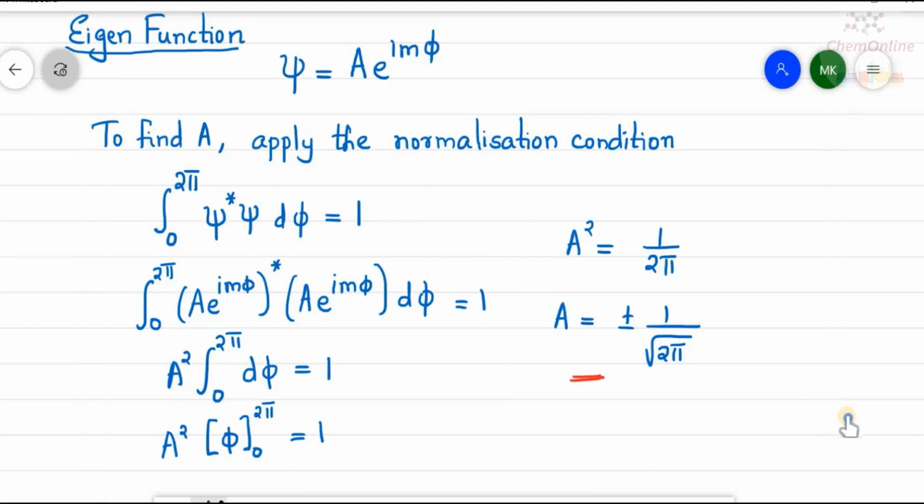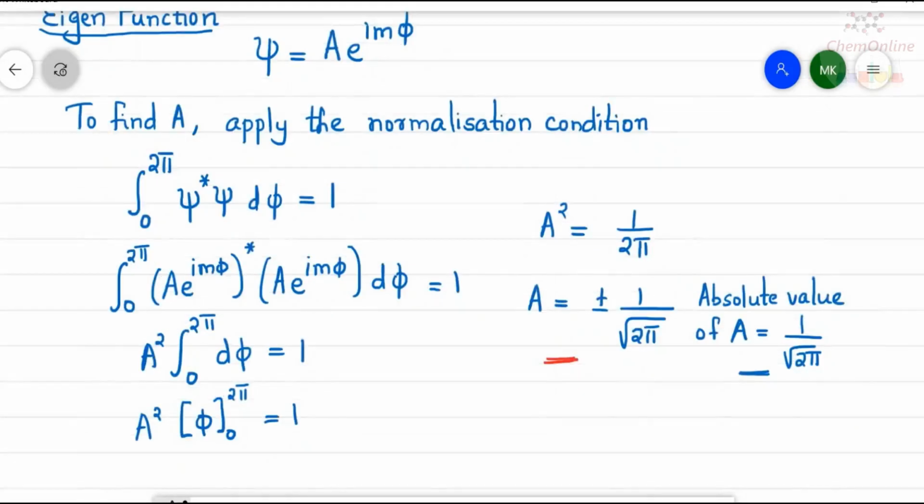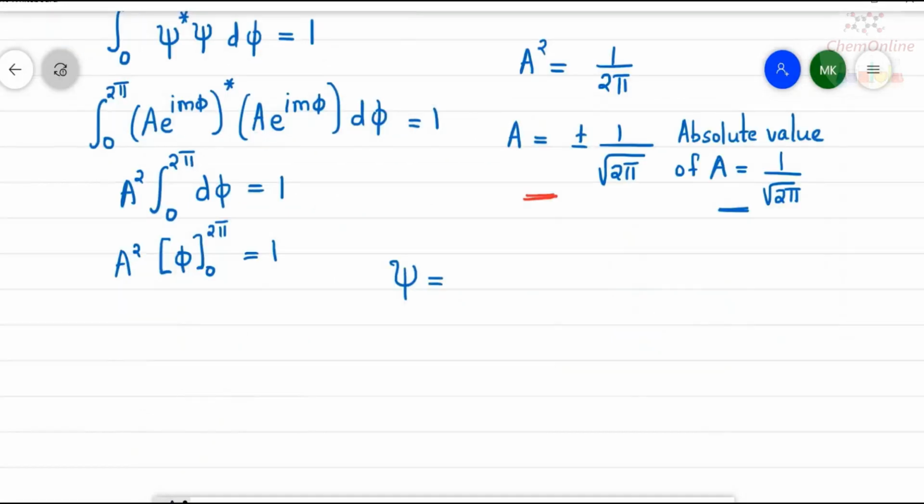We usually take the absolute value of a, so that we can write the absolute value of a equals 1 by root 2 pi. Therefore, we can represent the wave function as xi equals, instead of a, we write 1 by root 2 pi e raised to im phi.